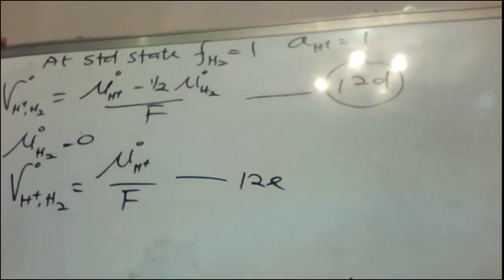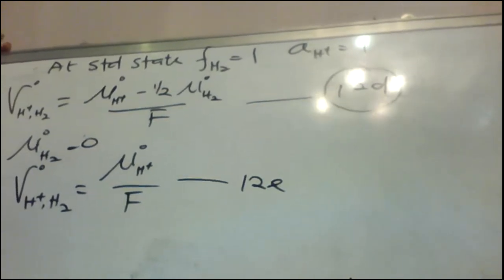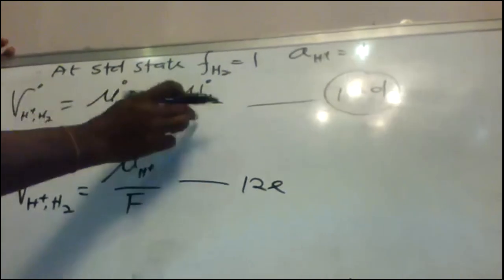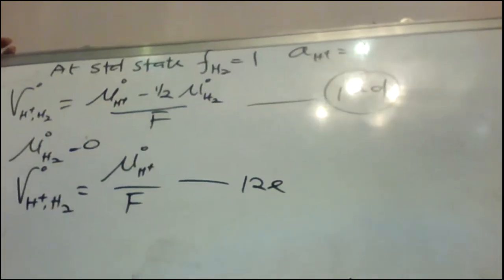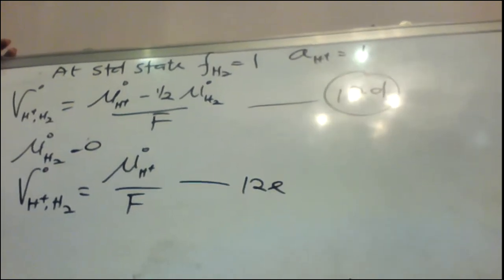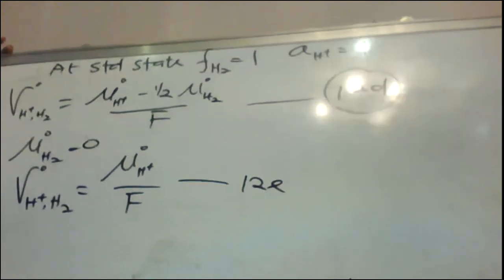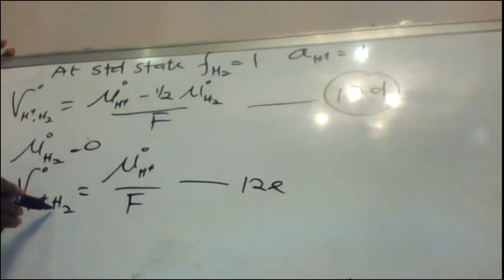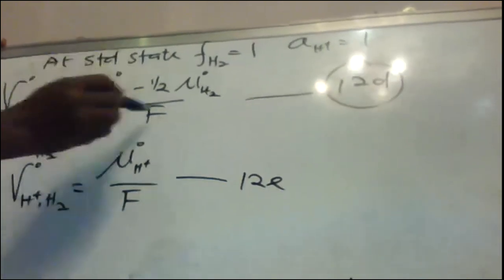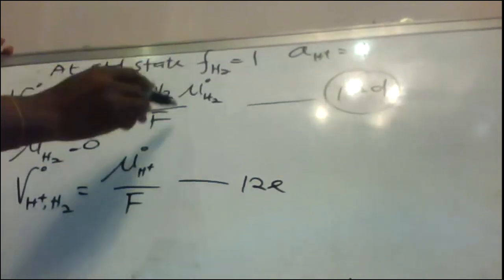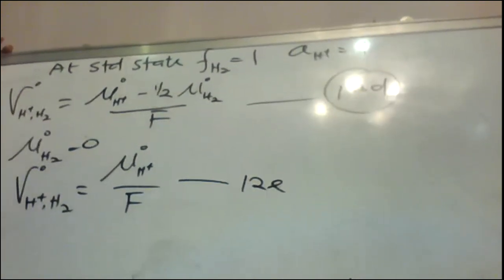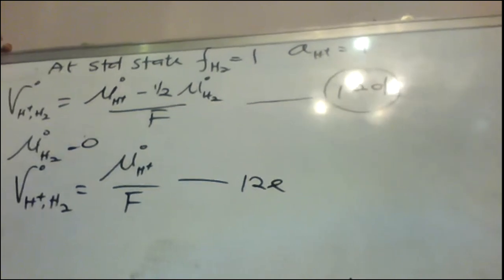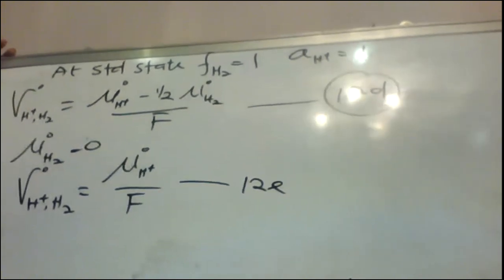Now, if you substitute equation 12D into equation 12E, instead of saying V naught H plus here, you are substituting V naught H plus minus half mu naught H over F, which is equal to your mu naught H plus.